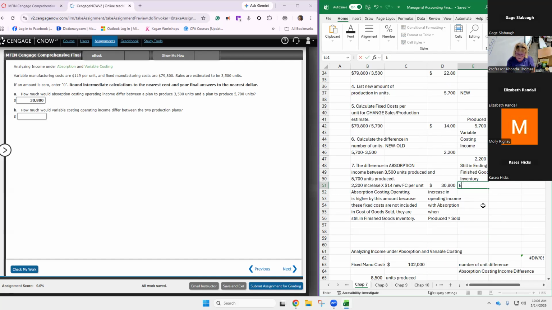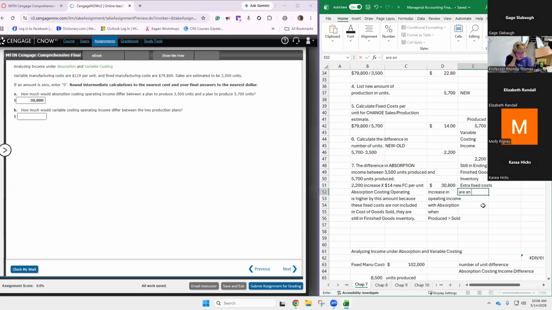So the extra fixed costs are in inventory, an asset. If your costs are in inventory, that's sitting on the balance sheet. But we are showing that it should be in cost of goods sold.